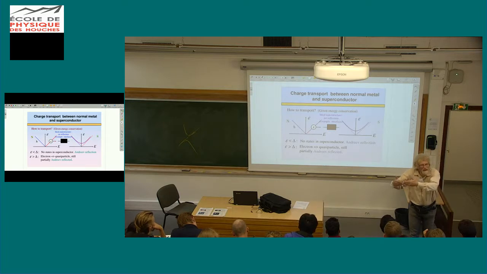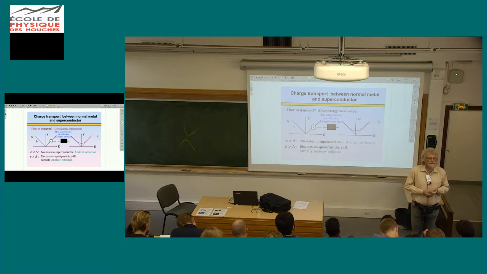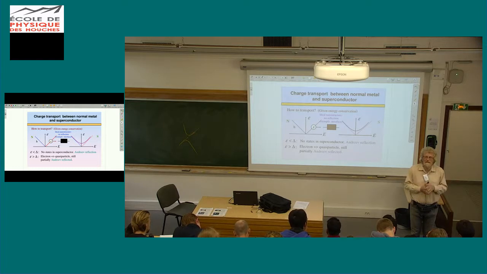It cannot penetrate the superconductor. There are no states to go to. It cannot get reflected because there's nothing which can reflect it at the interface. I don't know what I would do in this situation. I don't know what you would do in this situation.